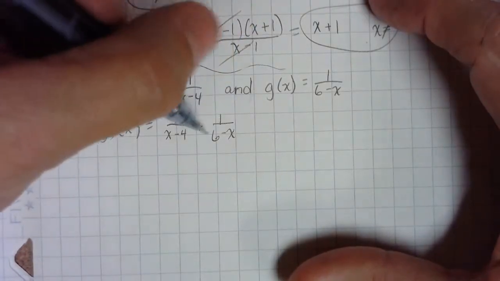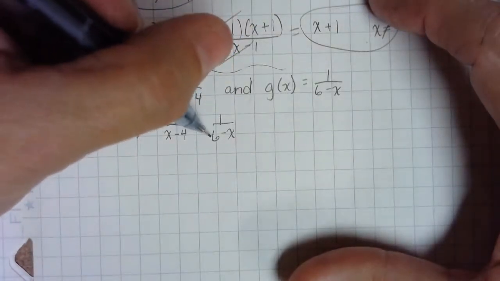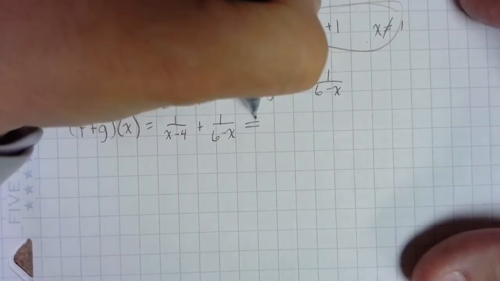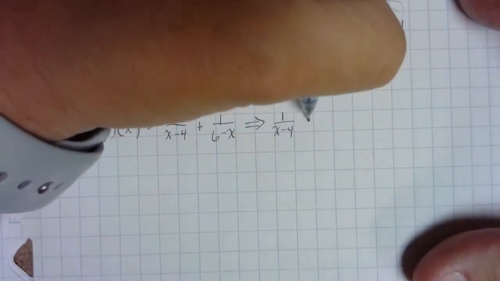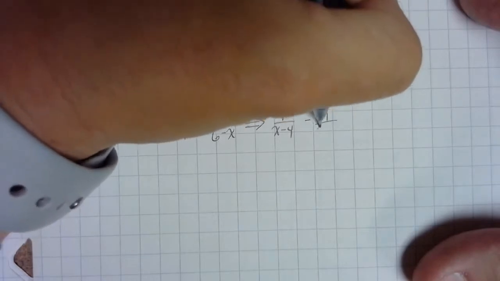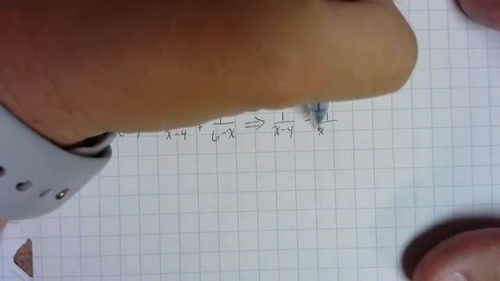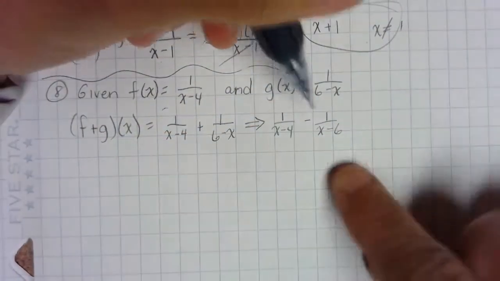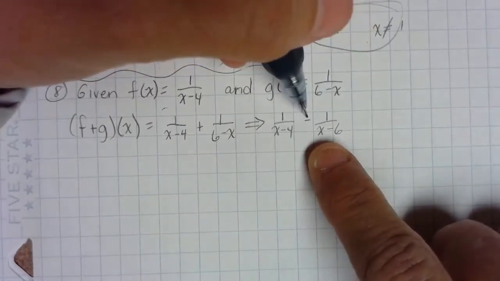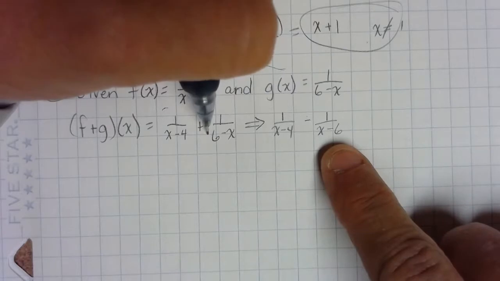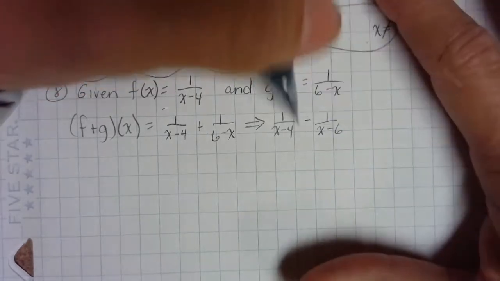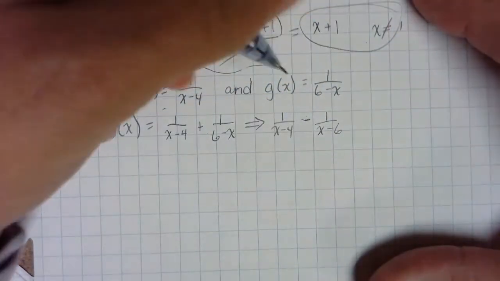I would rather look at this as 1 over x minus 4 minus 1 over x minus 6. What I've done is I've pulled the negative sign out, and that was a negative x, now it's positive x, and it was a positive 6, now it's a negative 6. That just makes it a little easier for me to see the factors that I need to multiply by.